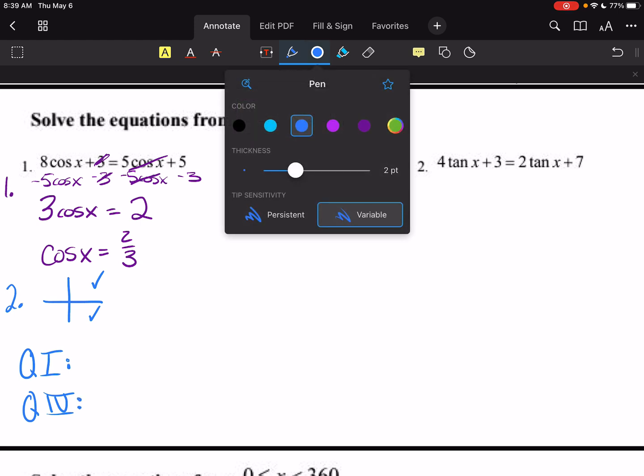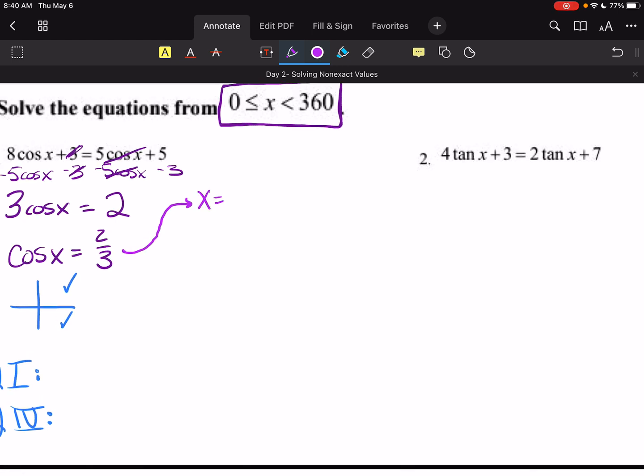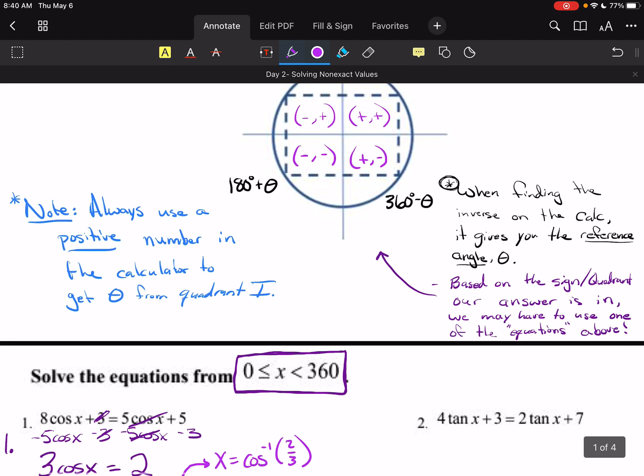Now we move on to step 3. So I'm going to finish this by taking the inverse, because I want to solve for that angle measure x. So I would get x equaling cosine inverse of 2/3. That's a positive number, and that's what I need. So I wrote this note here as well.